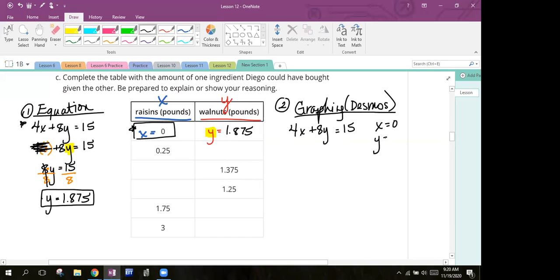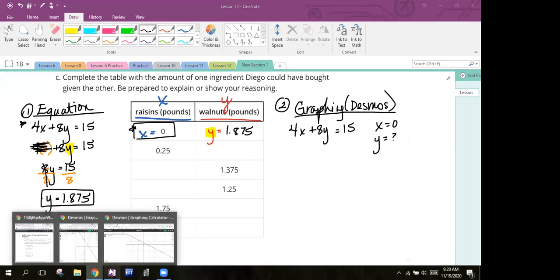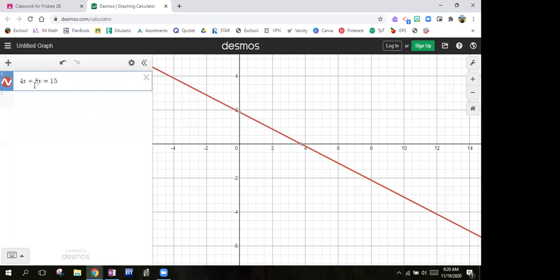So we want to know what y equals. Okay, so I'm going to go back to my Desmos calculator. I already have my equation typed in, so right below it, I'm just going to type in x equals 0, because that's what it told me. If it was x equals 5, then that's what I would type in, but that's not what it said. It said x equals 0.